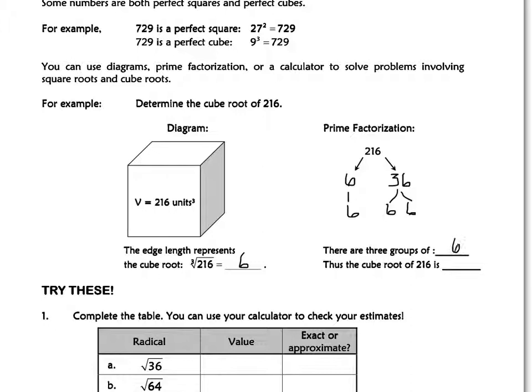You can stop right there. There are obviously 3 sixes, so the cube root of 216 is 6. If you did go down to prime factors, it would be 2 times 3, 2 times 3, 2 times 3. So you have 3 groups of 2 times 3, which is 3 groups of 6.